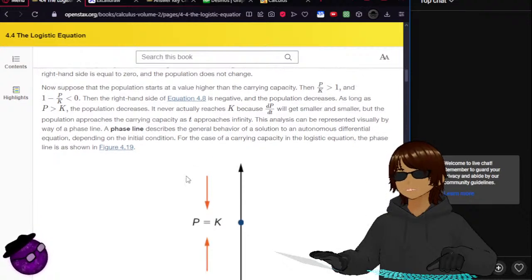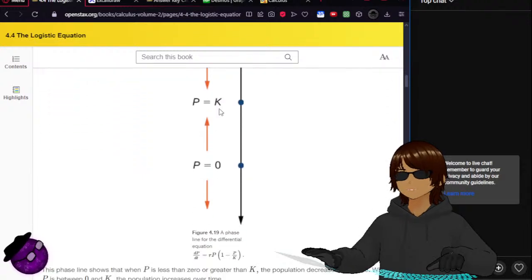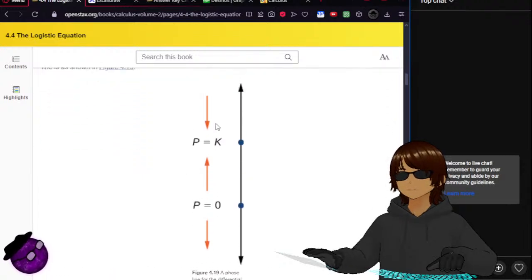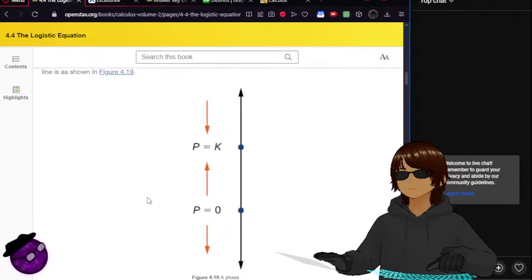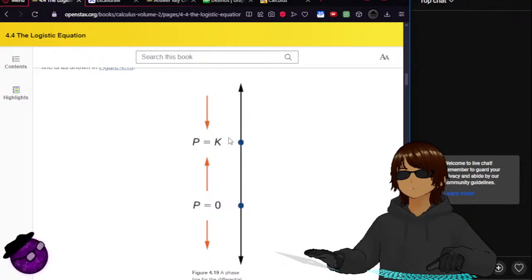For the case of the carrying capacity in a logistic equation, the phase line is shown as this. Now in differential equation, I'm going to get closer and closer to K and further away from 0.